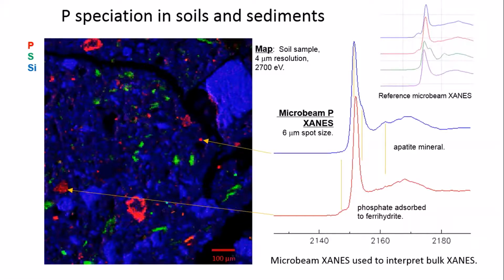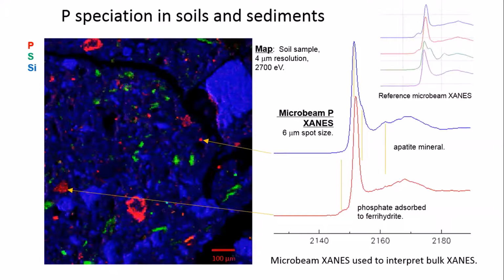The other spectrum, from the more diffuse phosphorus spot to the left, is phosphate adsorbed on ferrihydrite. And that has a distinctive pre-edge feature that's characteristic of phosphate coordinated with iron 3+. So that's an indicator of that species.